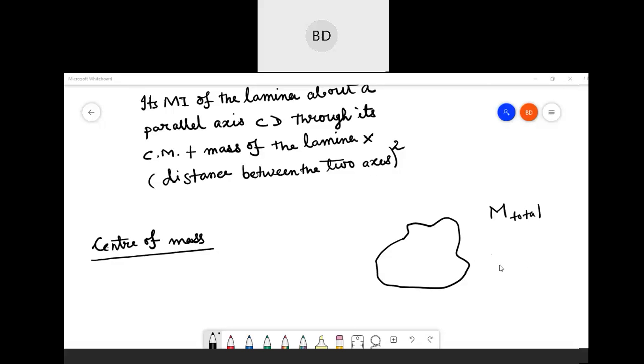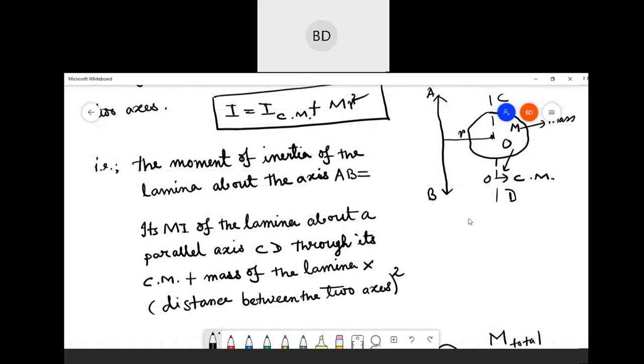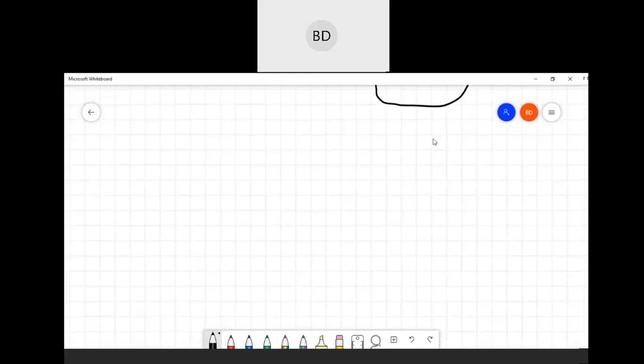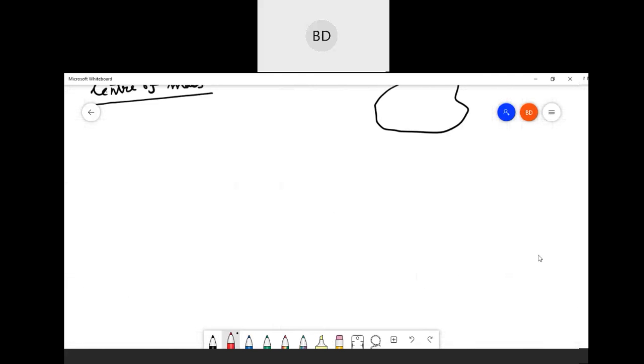Parallel. Okay, parallel axis. So what is the parallel axis theorem? Okay, center of mass we will do later. So the parallel axis theorem is: suppose you have a regular bar like this, and I am considering it to be isometric, uniform. That means its density is uniform throughout the material.